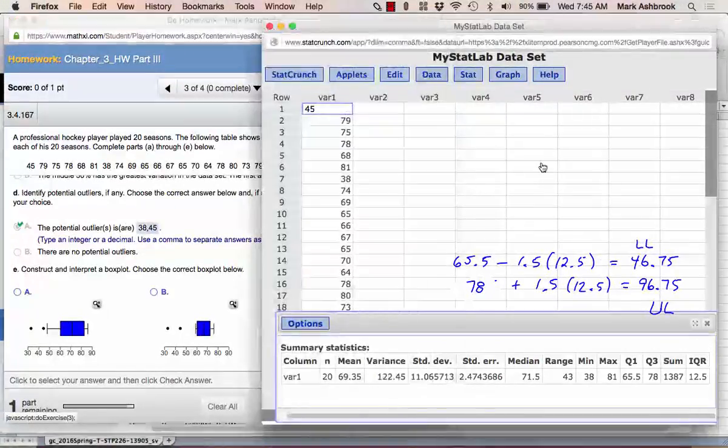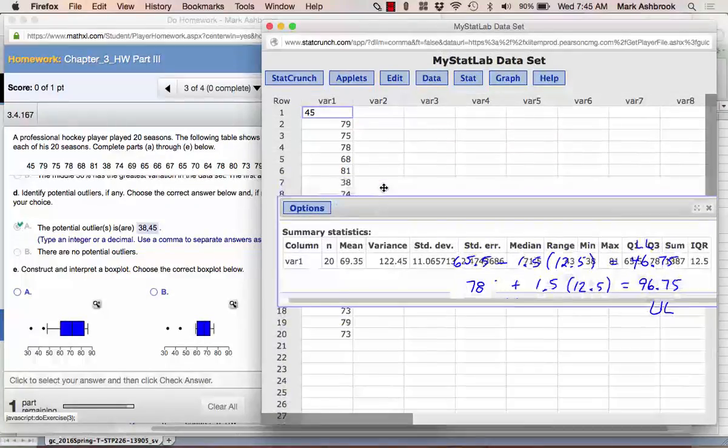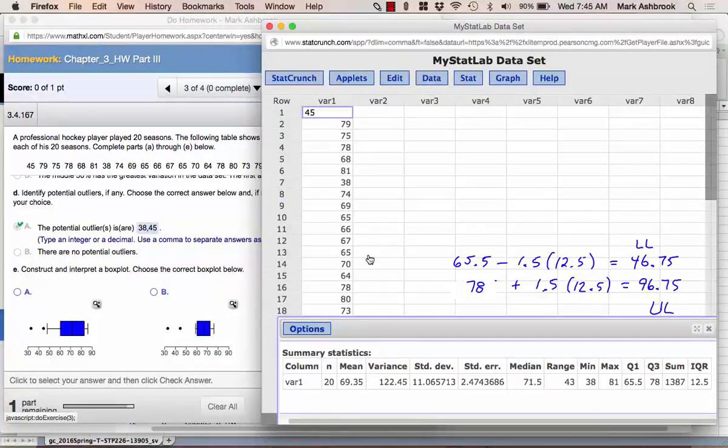The next data value up from 45 is 60 something? Is there any in the 50s? Is it 64? Is that the next biggest? So that's going to be the end of the lower whisker. And then the upper whisker will be the max, because that fell within the limit. So the whiskers go from 64 to 81.